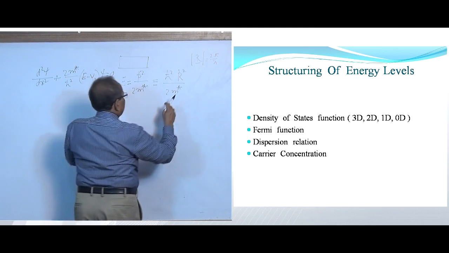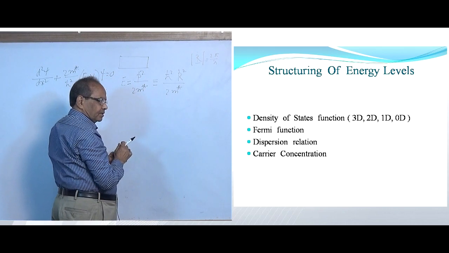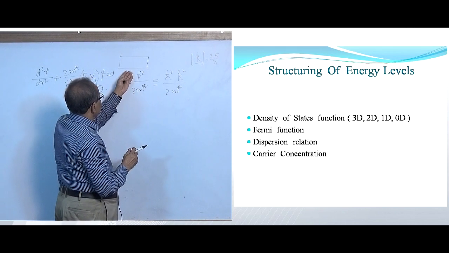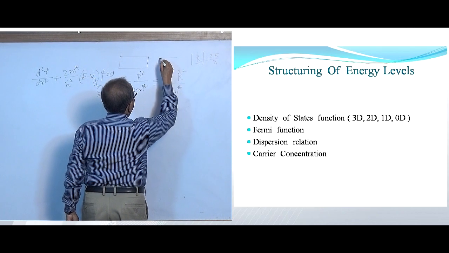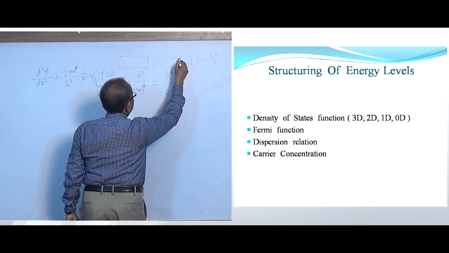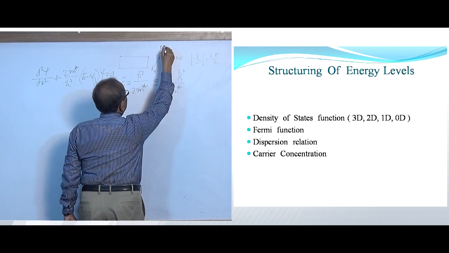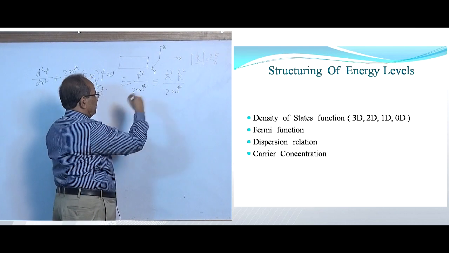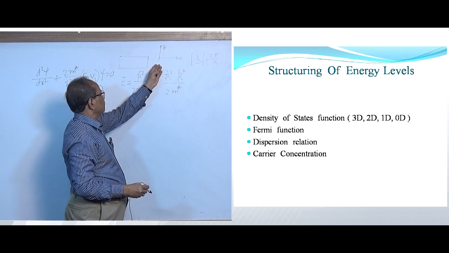Now if it is free to move in all directions in Cartesian coordinates, x direction, y direction, z direction, it is moving in any direction. That means it can be resolved into x part, y part, z part.